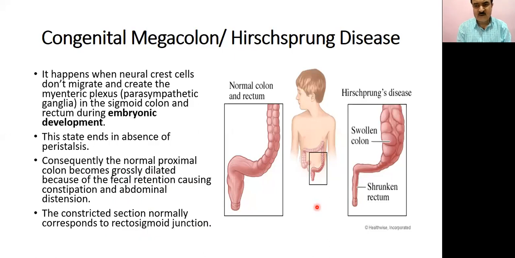Then a biopsy is advised and they find the lack of myenteric plexus nerves, and then this part, which is not functioning, is to be resected. End-to-end anastomosis will be made between the two functional areas, meaning the rectosigmoid junction is removed, and then the descending colon is connected to the rectum.